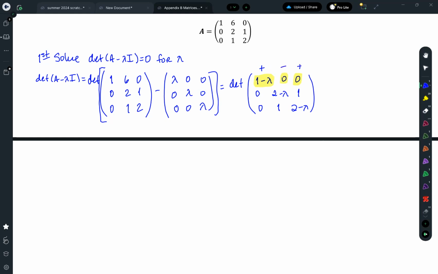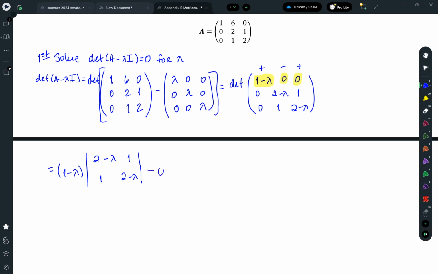So I'm going to take that first component in the first row, first column, and I have equals that 1 minus lambda times the determinant. If we were to remove the row and column that 1 minus lambda is in, we would then be looking at the 2 by 2 determinant of 2 minus lambda, 1, 1, 2 minus lambda. So this part's not new. We've dealt with determinants.